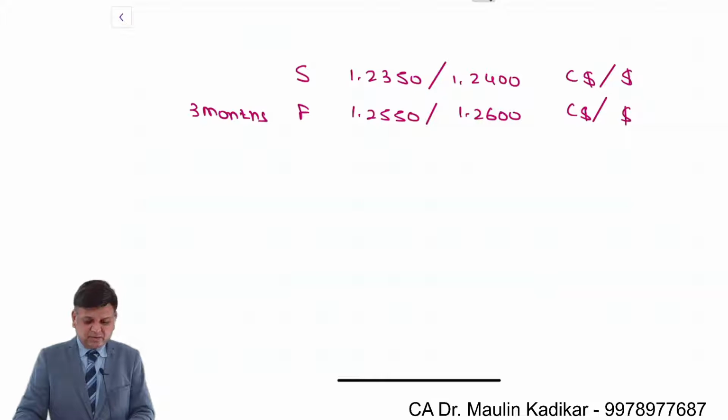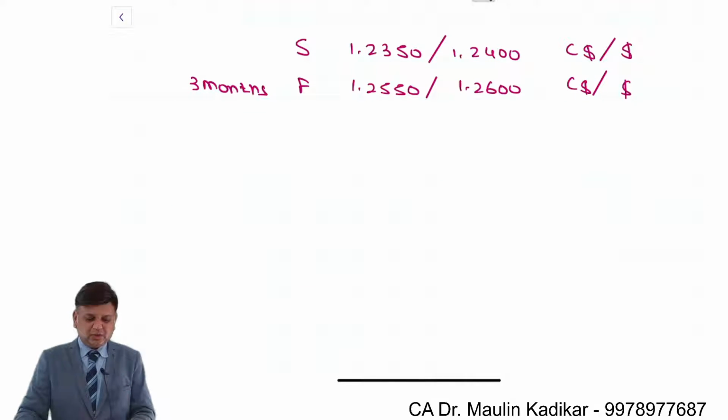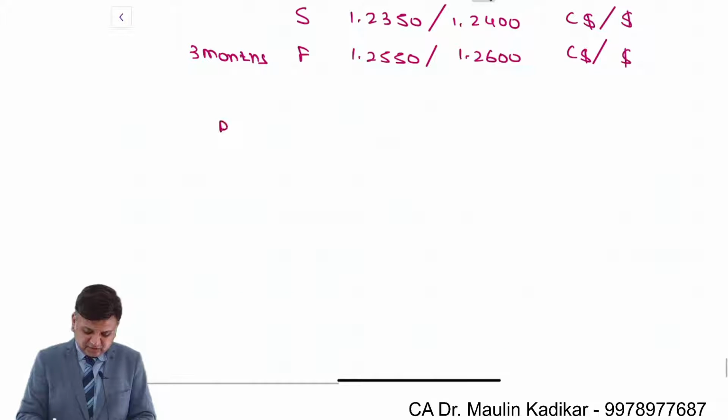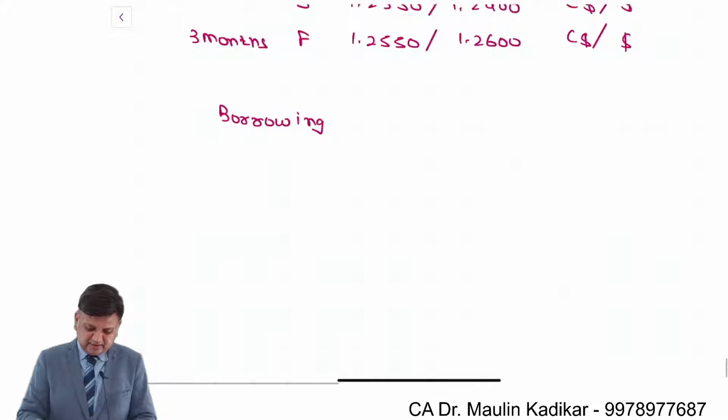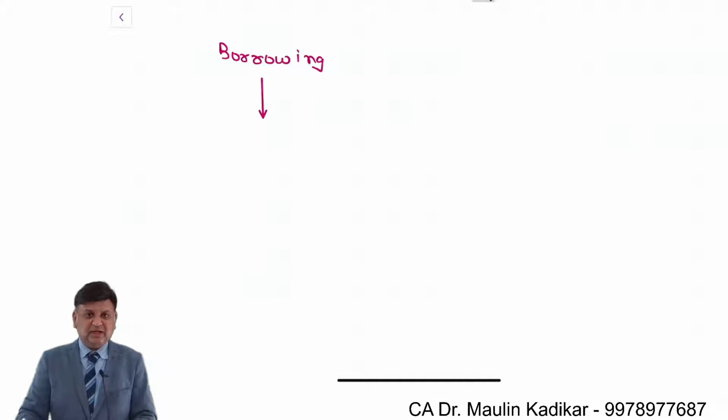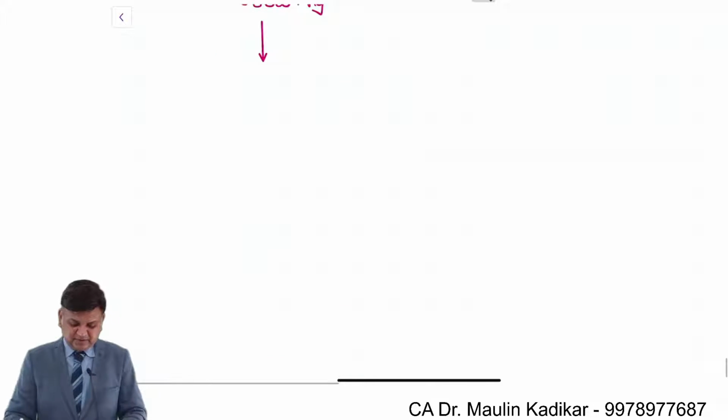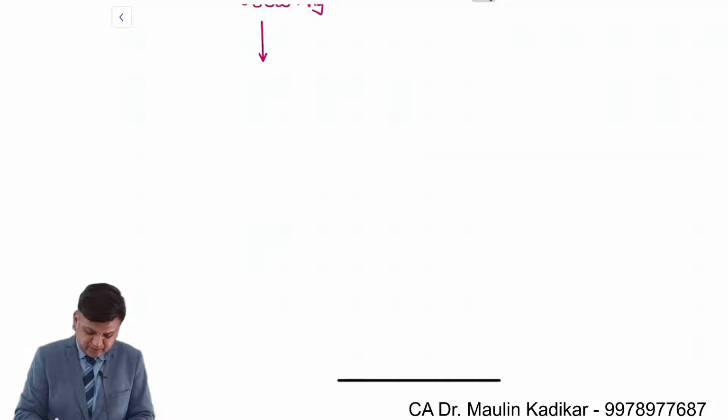Now there are two questions provided to us. One is with respect to the borrowing. So suppose we borrow an amount of $100. The language of the question is quite clear: advise the currency in which borrowing and lending for 3 months need to be done for a US company. So suppose it is borrowing $100.